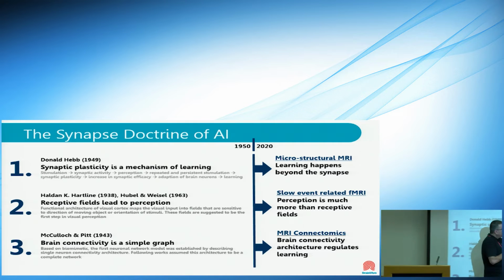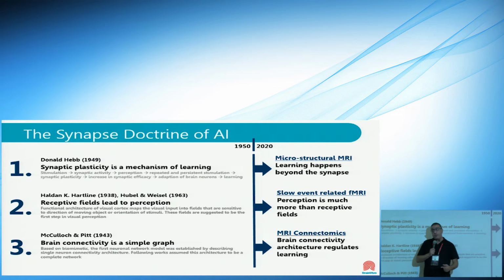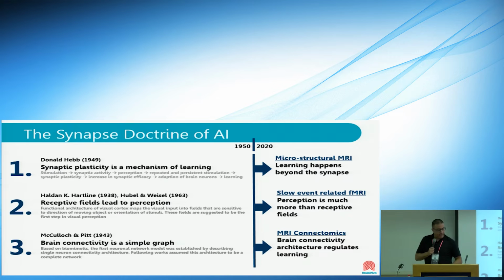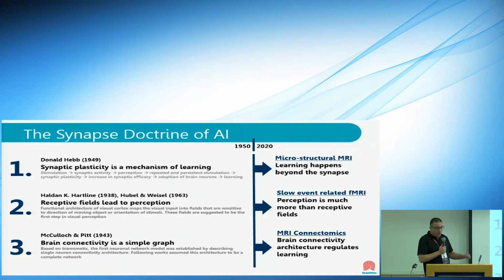We know from microstructural MRI that learning happens beyond the synapse. The synapse is not the sole mechanism behind learning. Through slow event-related fMRI, functional MRI, we know that perception is much more complex than the receptive fields that we are aware of today, in a manner that we probably cannot understand.